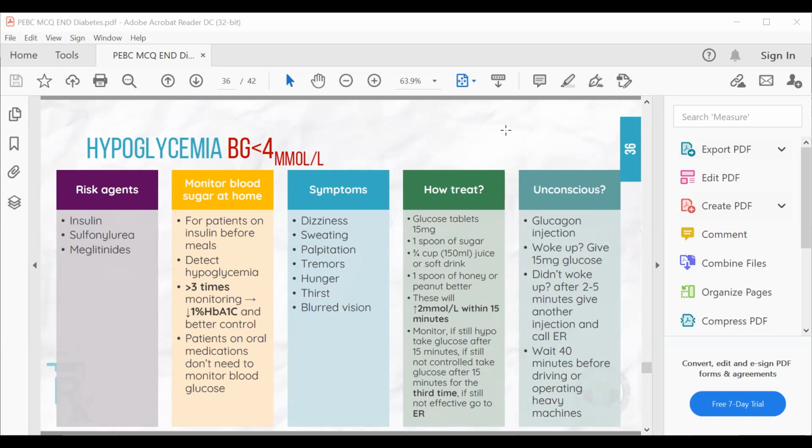If it's not a pharmacist or healthcare professional, the patient has the spray in hand, and we teach the family member, so if he goes unconscious, he can receive the glucagon in the nose right away, and it acts very quickly, for more convenience of the patients. Okay, thank you so much.